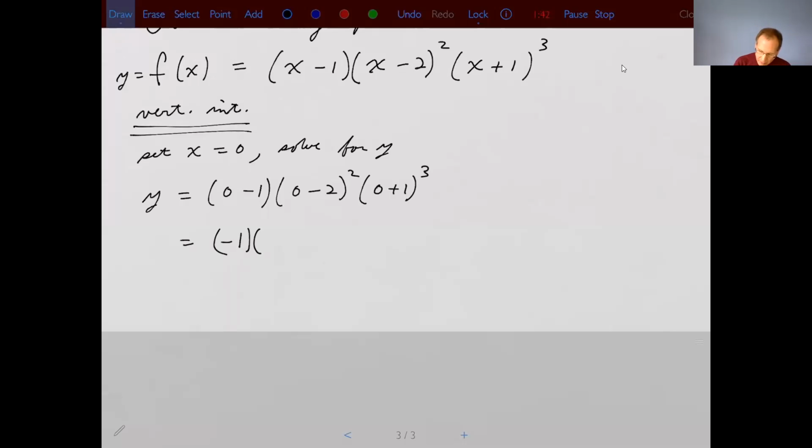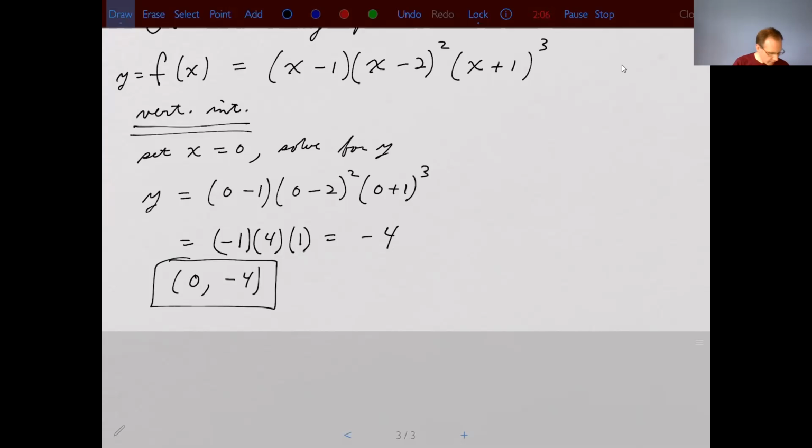It's the entire negative 2 being squared, so that's going to be a positive 4. And then 0 plus 1 is 1. 1 cubed is a positive 1. So this is going to equal negative 4. So it looks like our vertical intercept is going to be the point (0, negative 4). Okay, so the graph should pass through that particular point.